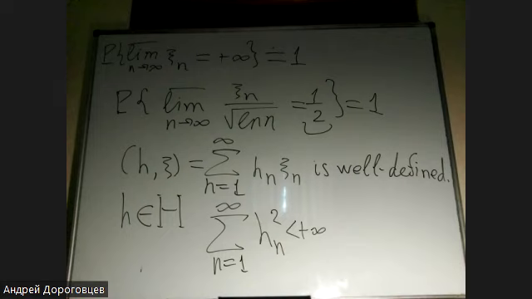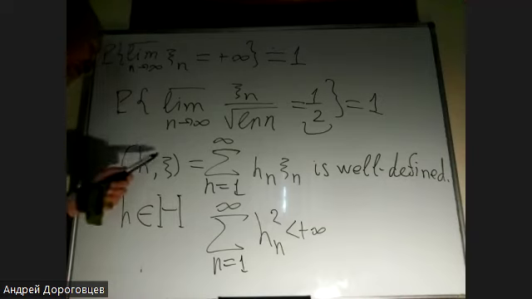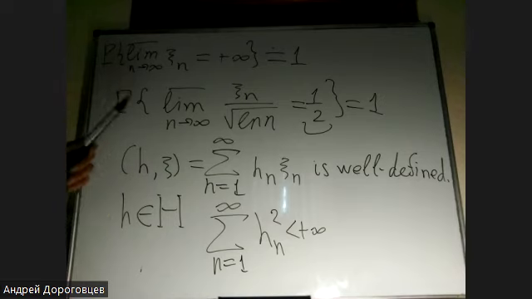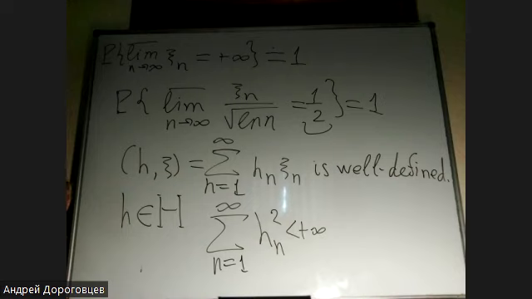Due to this, we can go further. We can consider inner products with these random elements, even when we know that this random element does not exist. We will say that it is a generalized random element.